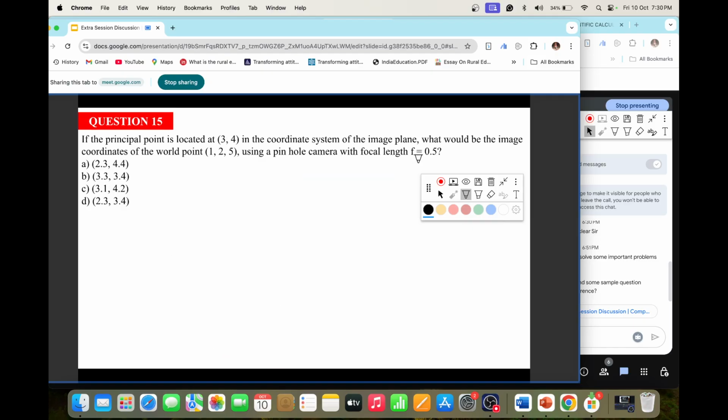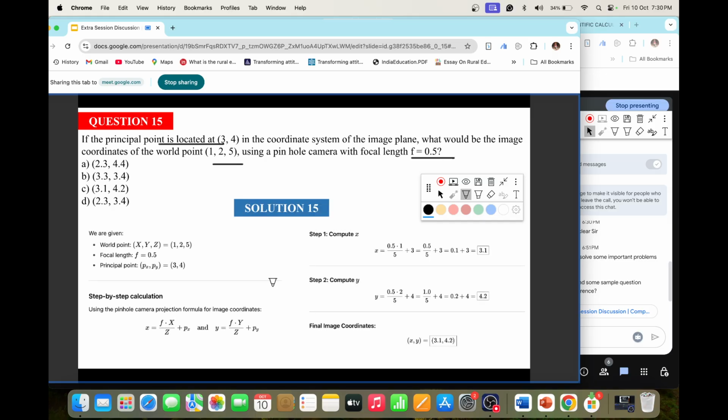If you have the principal point located at (3, 4) in the coordinate system of the image plane, what would be the image coordinate of the world point (1, 2, 5) using a pinhole camera with focal length f equals 0.5? For this you have to calculate x by this and y by this. Capital X, capital Y, capital Z is the world point, that is the real point, and the image point will be given by small x and small y.